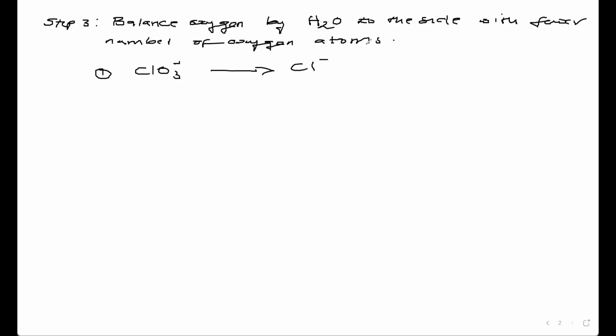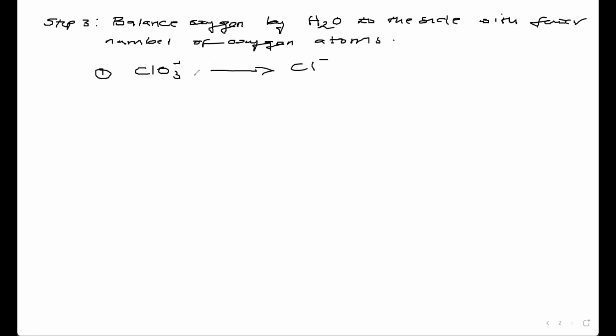Now you check which side has insufficient or fewer number of oxygen atoms. In this case, the product side doesn't have any oxygen, so it is the side where we are going to add water. Is that okay? So we are going to add water to the side where there is no or insufficient oxygen.